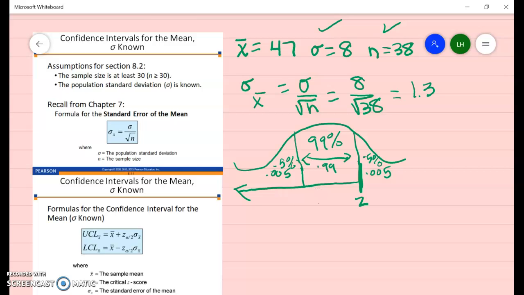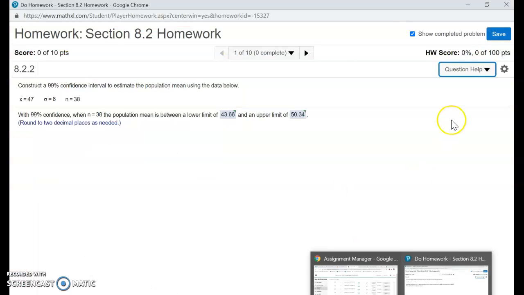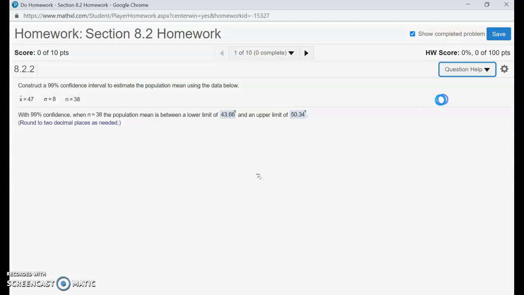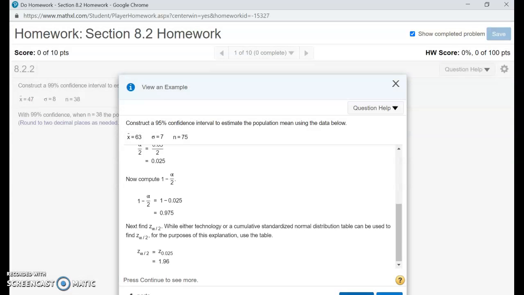Alright, so that's 0.99 and 0.005. So if we look that up on the table, it would be 0.995. I believe they want you to use the table to find Z for this one.